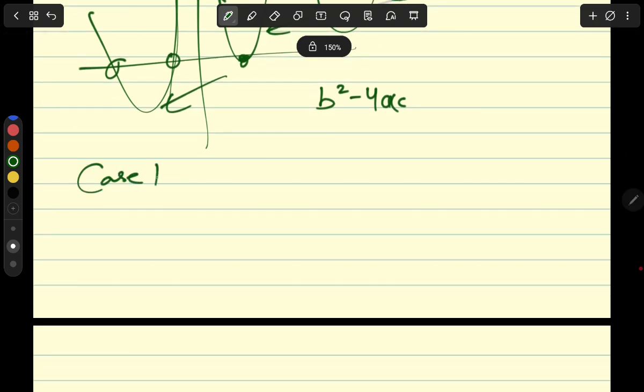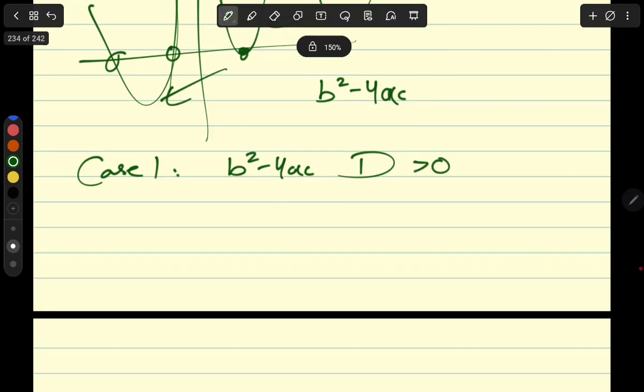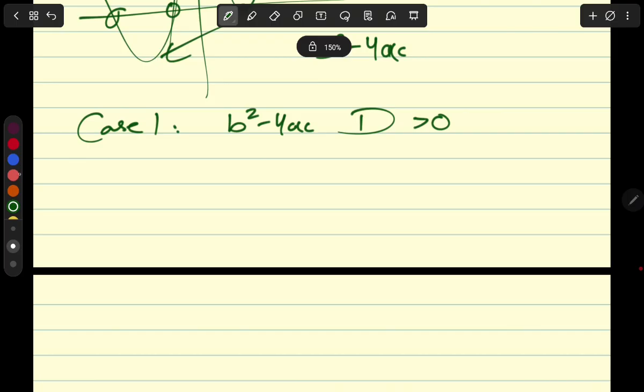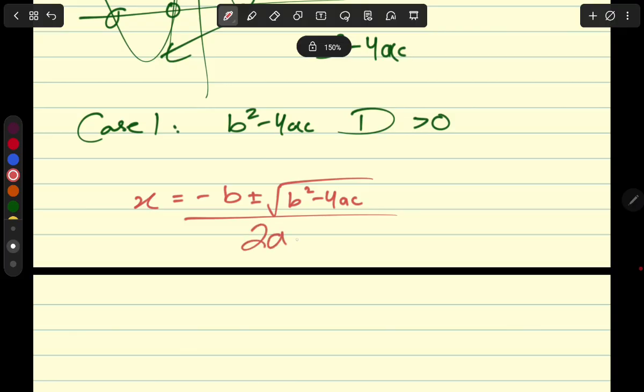So case number 1 is where b squared minus 4ac, which I can rewrite as capital D, is greater than 0, right? Now, what does that actually mean? It means that when you eventually use the quadratic formula, in order to find the roots, your quadratic formula is minus b plus and minus under root b squared minus 4ac, and 2a in the denominator.